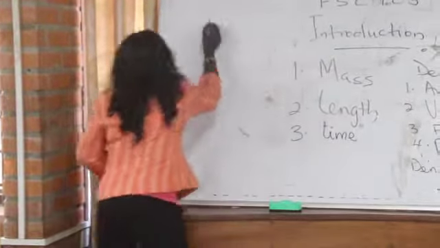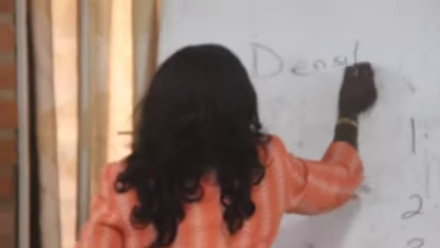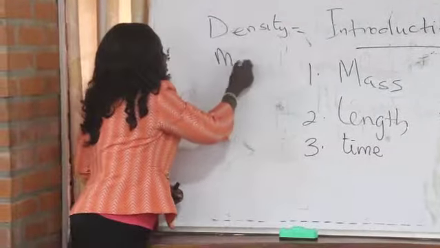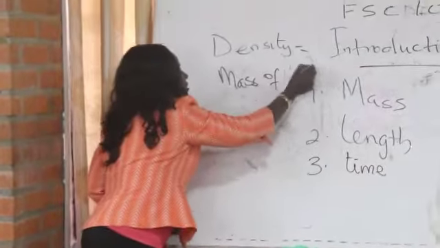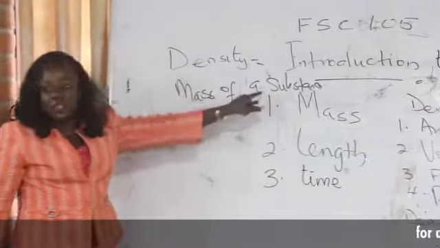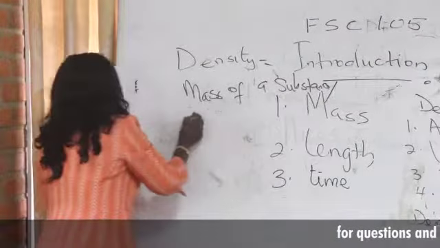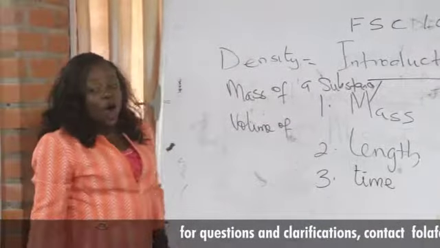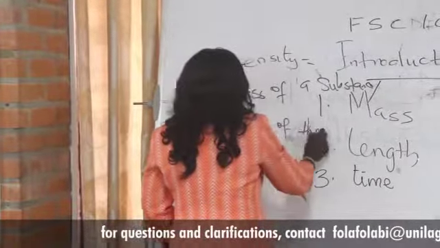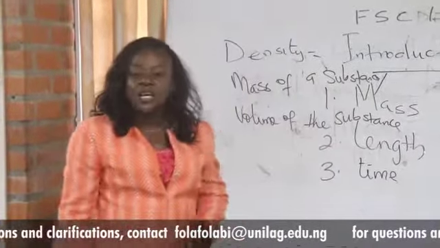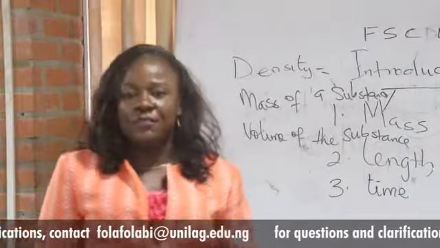That is, density is equal to the mass of a substance per the volume of the substance.